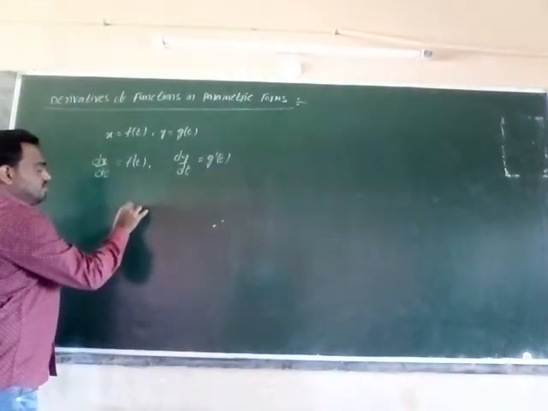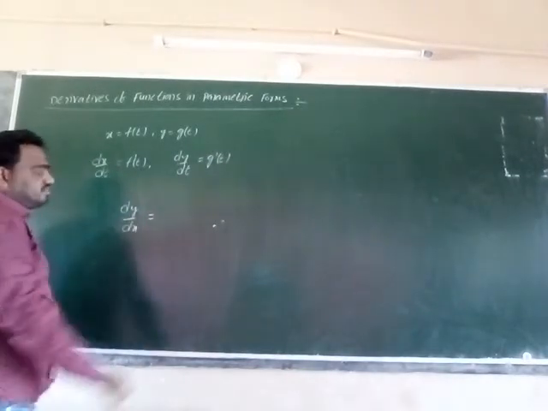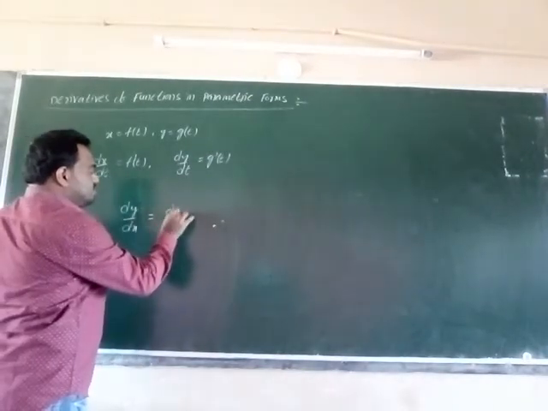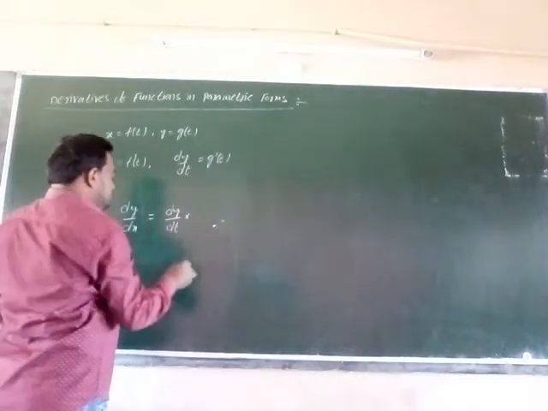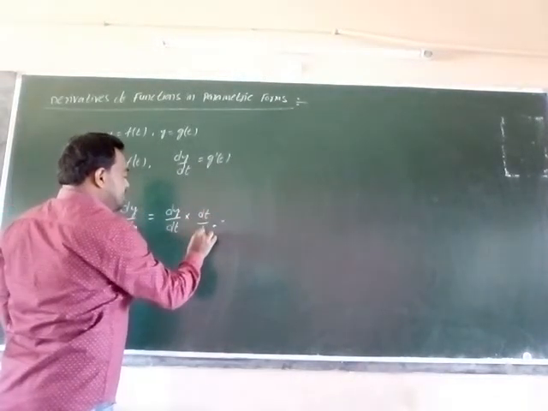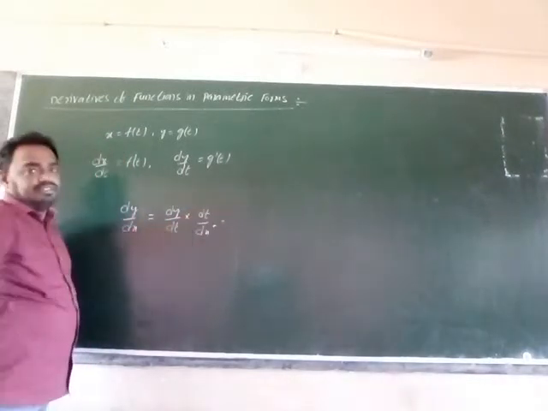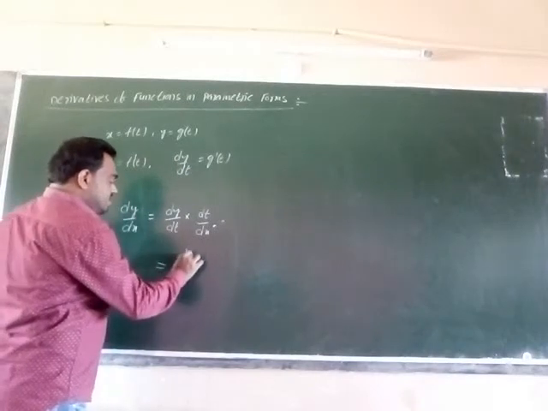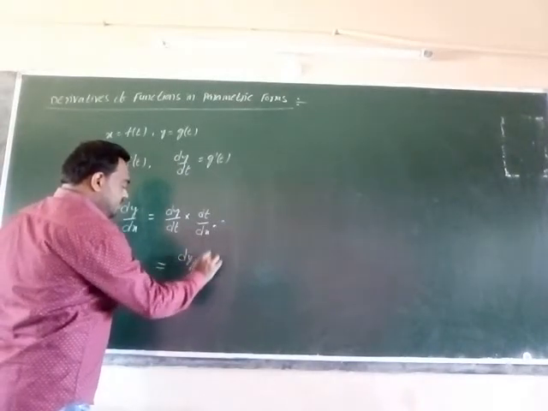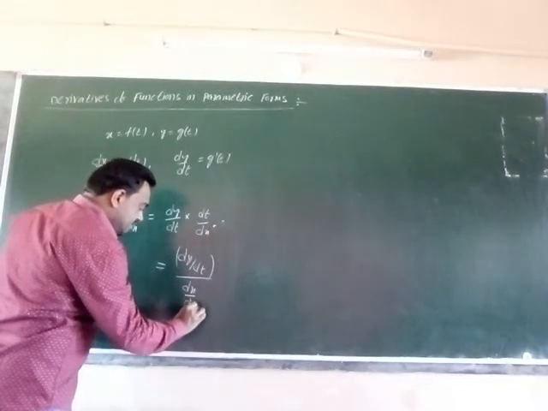Now the derivative of y with respect to x, dy by dx, I am writing as dy by dt into dt by dx. That means multiply and divide with dt, so this equals dy by dt by dx by dt.